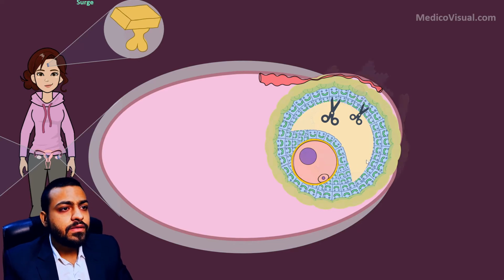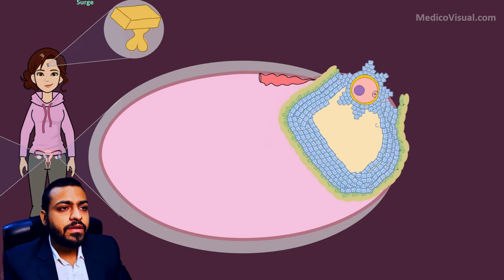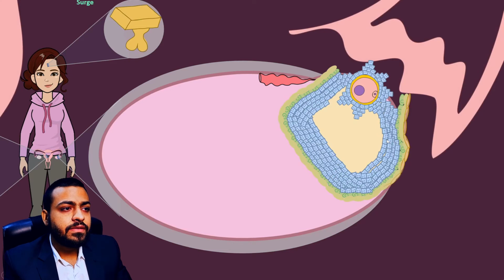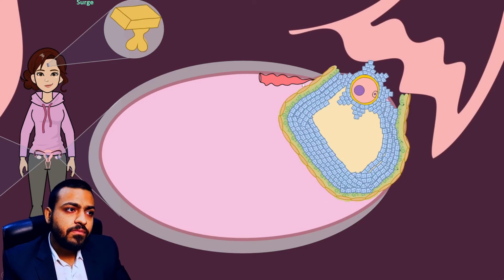And what else happens here is that there are special myoepithelial cells in the theca of this follicle. What are myoepithelial cells? They look like epithelium, but they have the property of muscles as well. Myo means muscles. They can contract just like muscle.